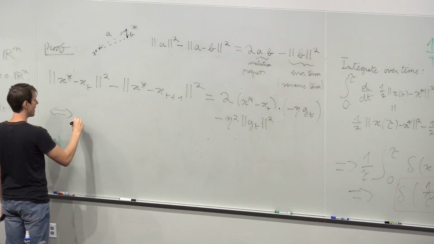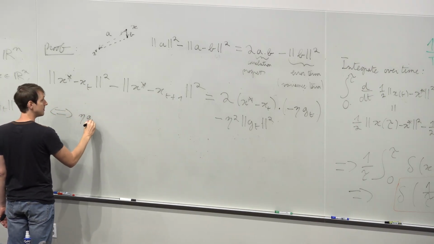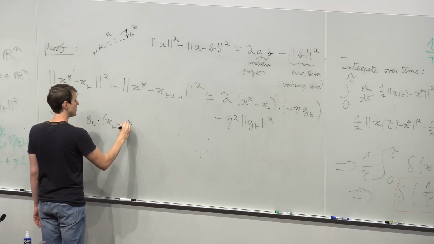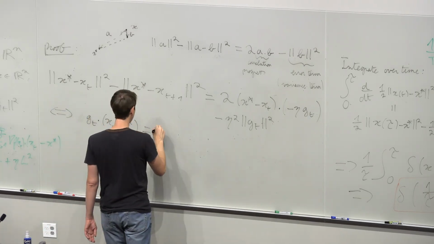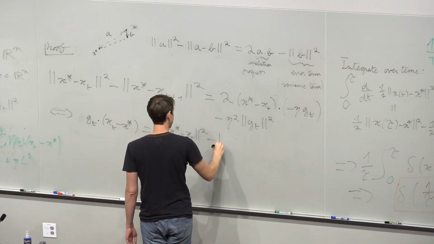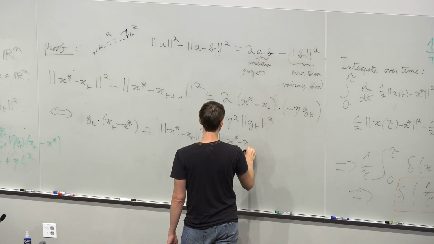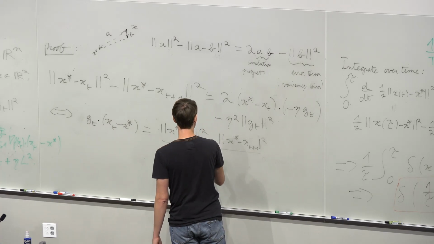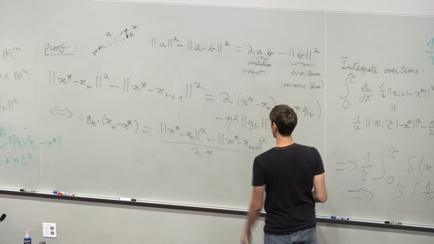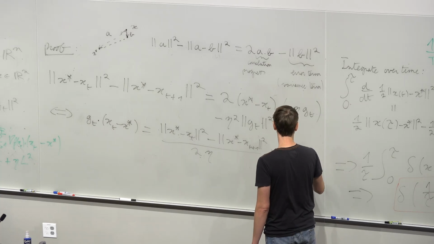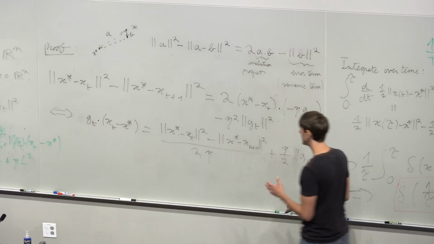This is equivalent to: eta gt inner product with xt minus x star is equal to the drop, the norm of x star minus xt squared minus the norm of x star minus xt plus 1 squared, over 2 eta, plus, since I normalize by eta, eta over 2 times the norm of gt squared. Notice this is an equality.